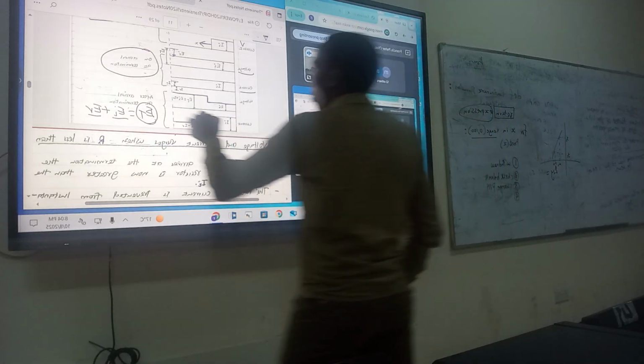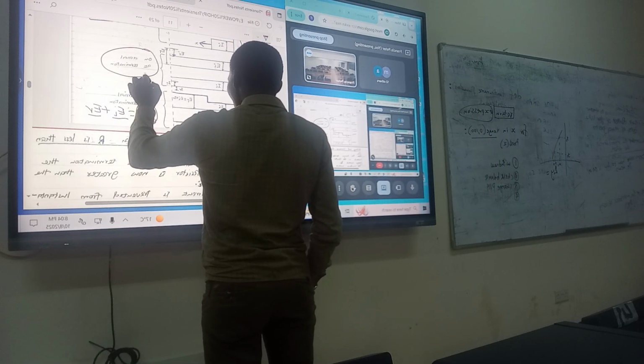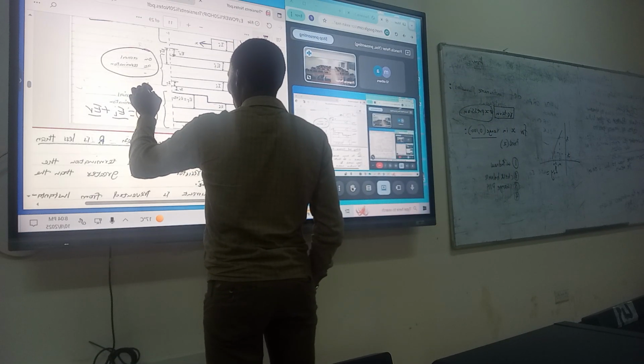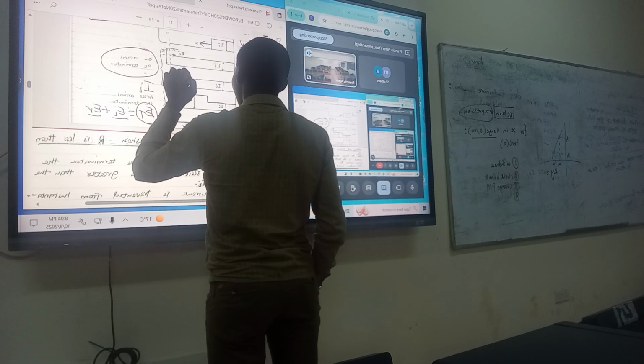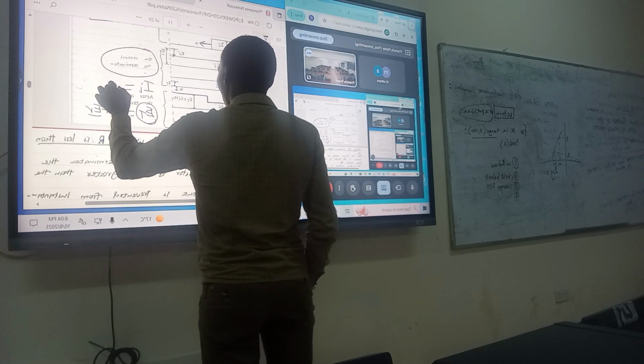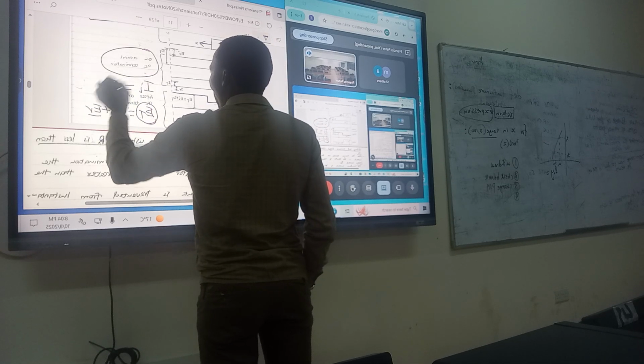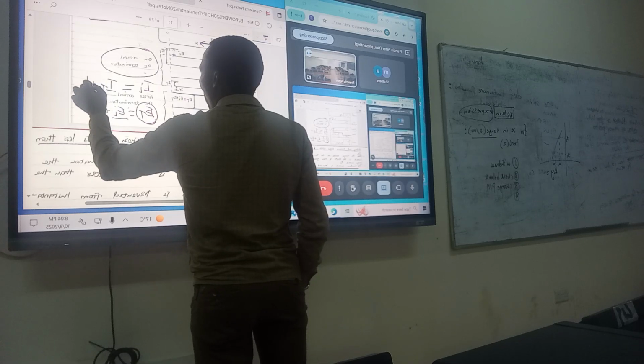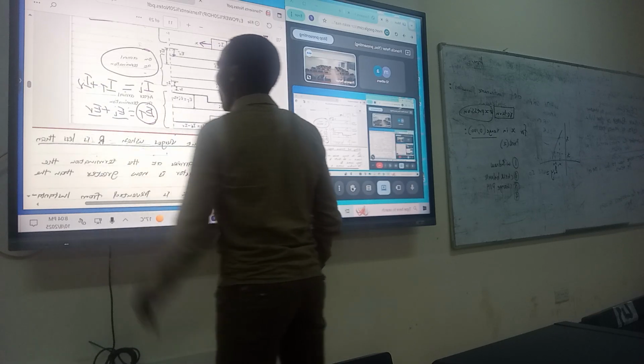At the same time, we add the I, the incident current, which is supposed to be the transmitted current plus the reflected current.